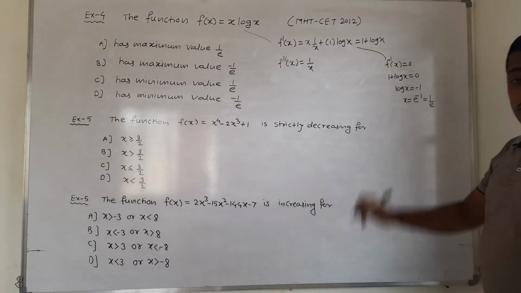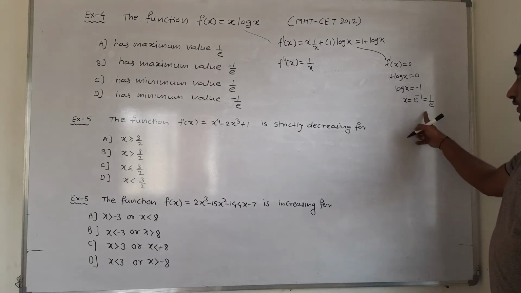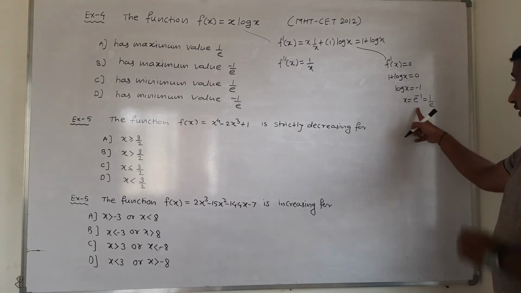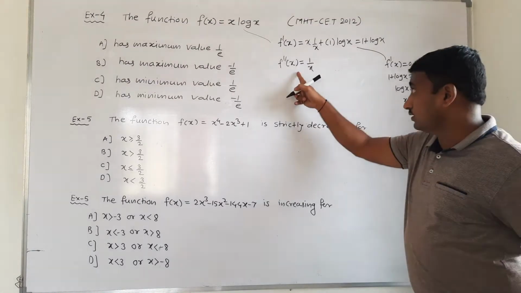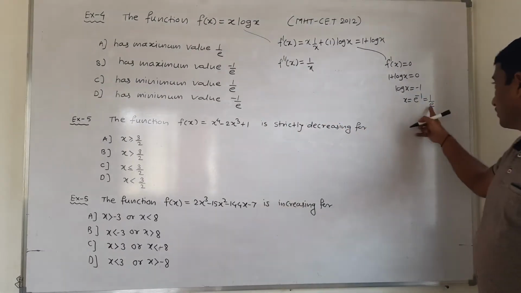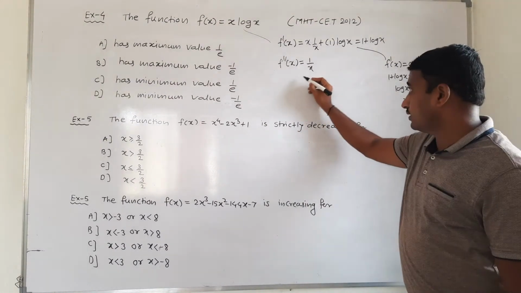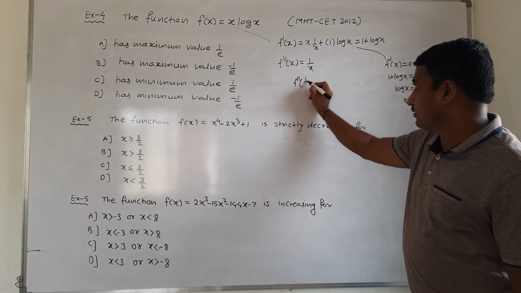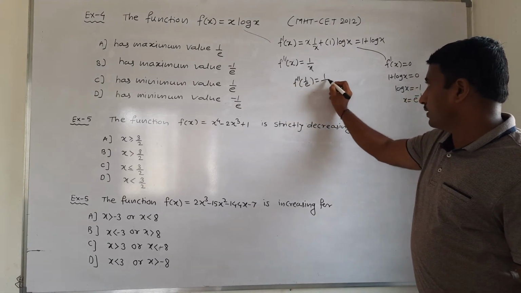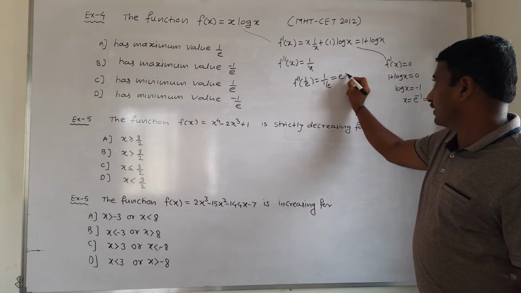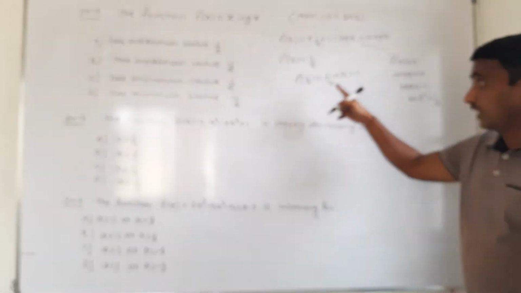For x equal to 1 by e, the function has a maximum or minimum value. For this we put this value in f double dash x. Put x equal to 1 by e in this, we get f double dash of 1 by e is equal to 1 upon 1 by e, that is e, which is greater than 0. Positive, therefore the function has a minimum value. The minimum value of the function is obtained by putting x equal to 1 by e in the given function.